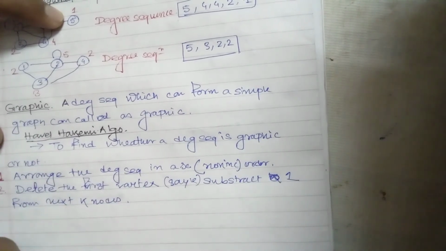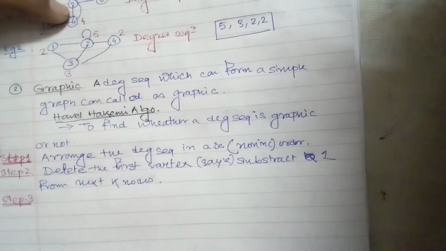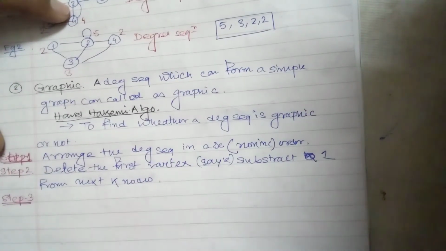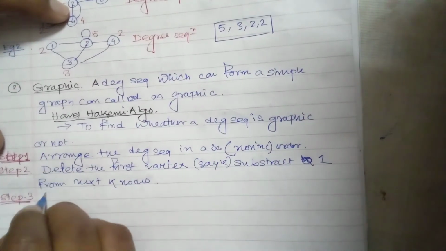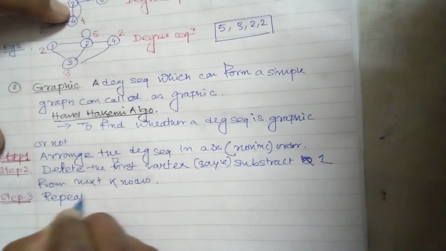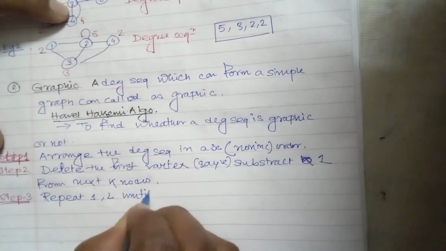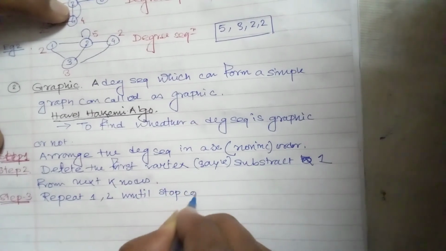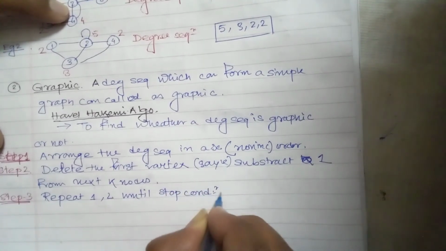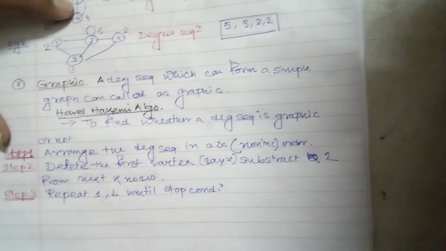Okay, now step 3. Step 3 is saying that repeat step 1 and step 2 until a stop condition. Okay, so what is the stop condition? I'll write.